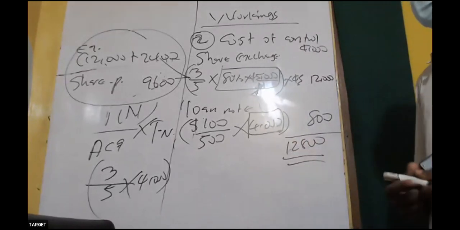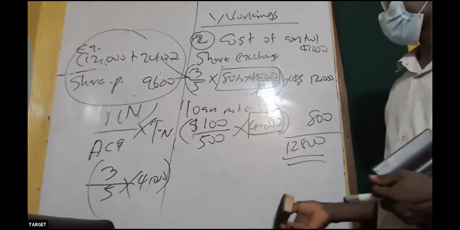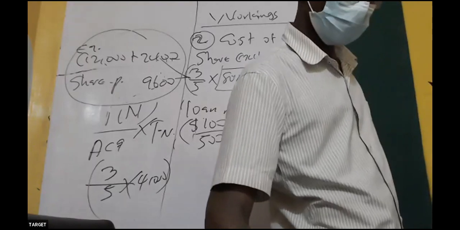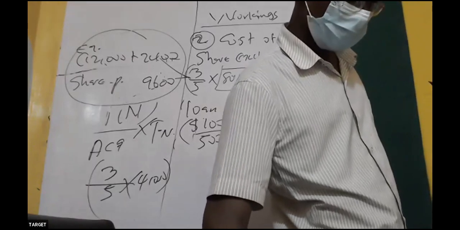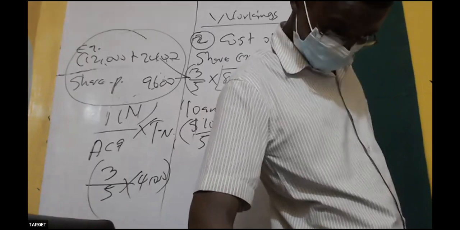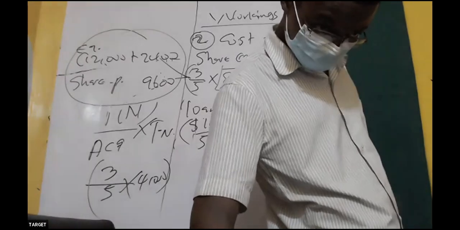Good. Let's go to working number 3, net assets of the subsidiary.